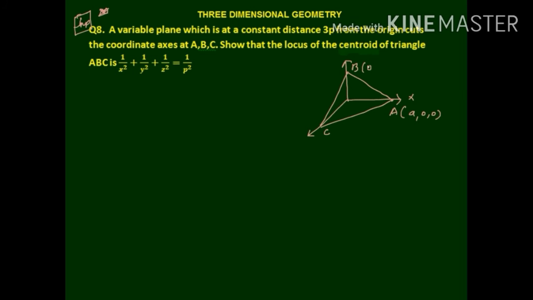Secondly, the point lying on the y-axis can be considered as (0, b, 0), and this will be (0, 0, c), right?